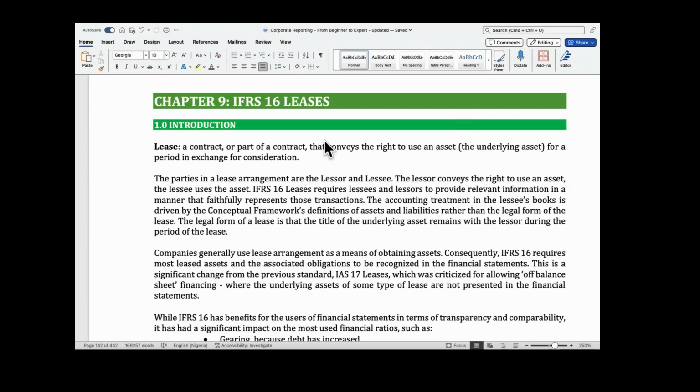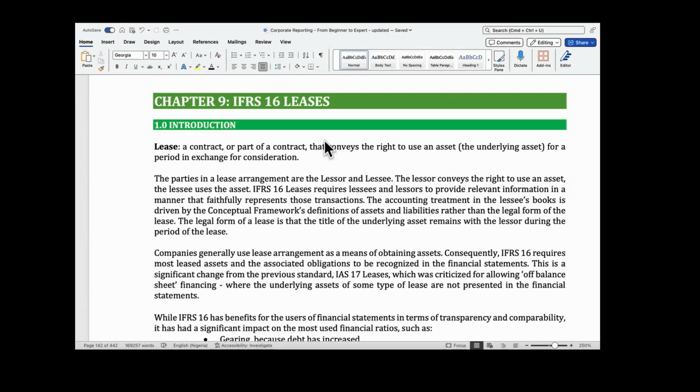And tonight, we are going to be stepping forward. Tonight, we'll be looking at IFRS 16 on leases. Last week, we looked at IAS 36 on impairment of non-current assets, and thankfully, we were able to start and finish that.